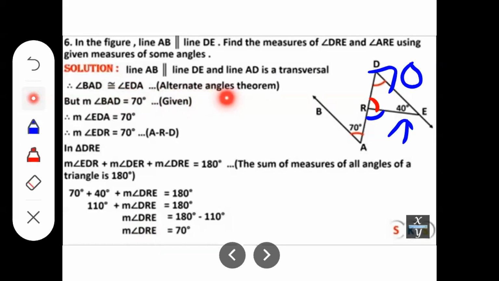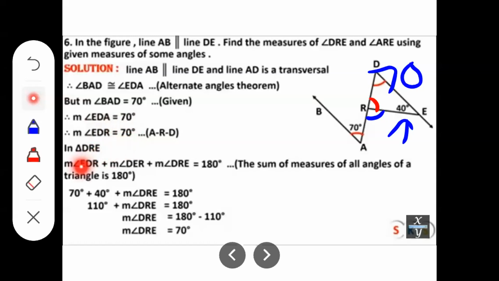So alternate angle theorem, that will be the reason. So if one is given, that A is given 70 degree, the reason is given. So the other will be also of same value, that D will be also 70 degree. This D is also 70 degree, right?